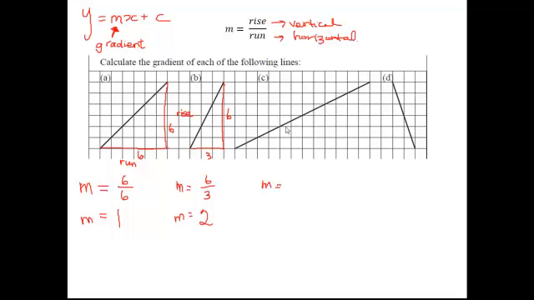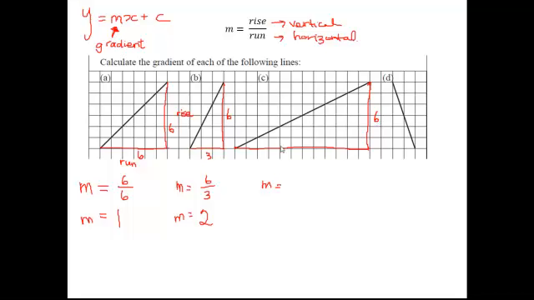Now the important thing is you don't actually have to pick the 2 endpoints of the line. You can pick any 2 points on the line, and I'll show you why. Now, if we did pick the endpoints, we'd have a run here and our rise. So let's just work out.